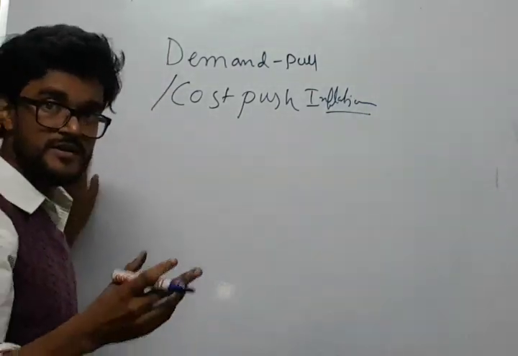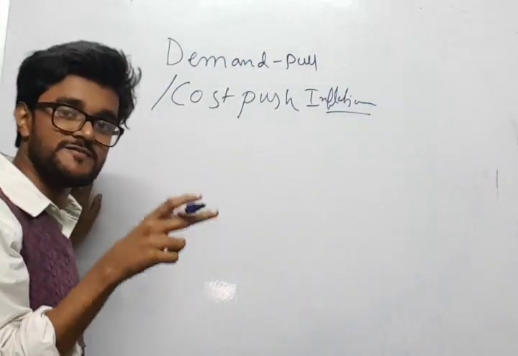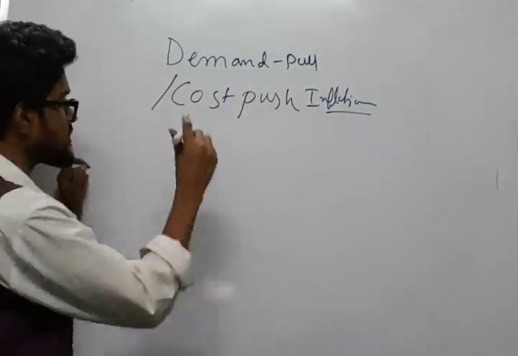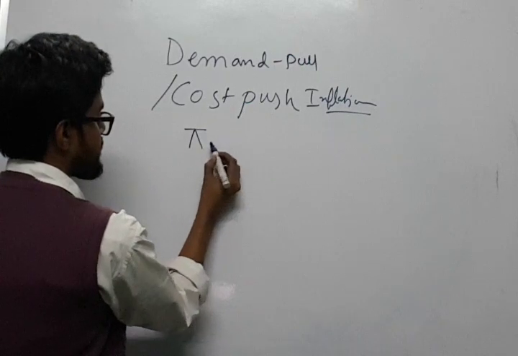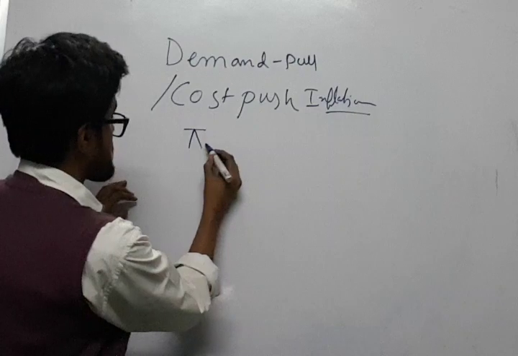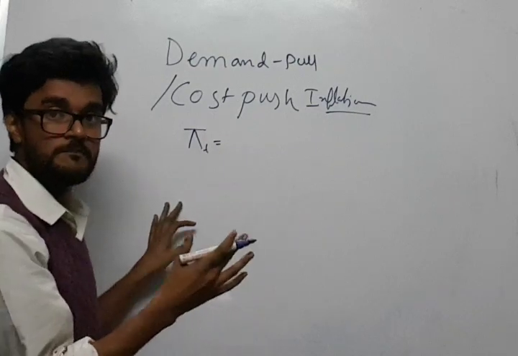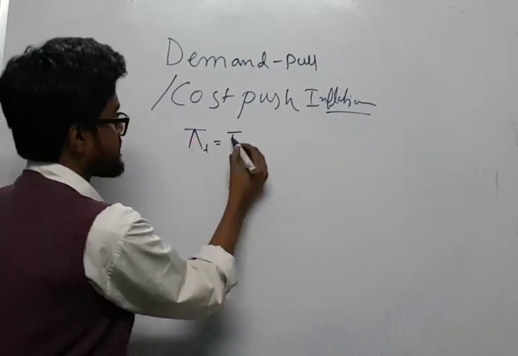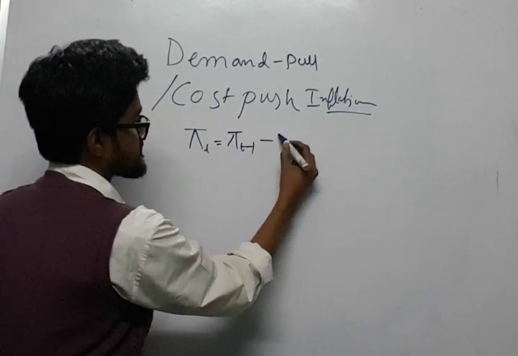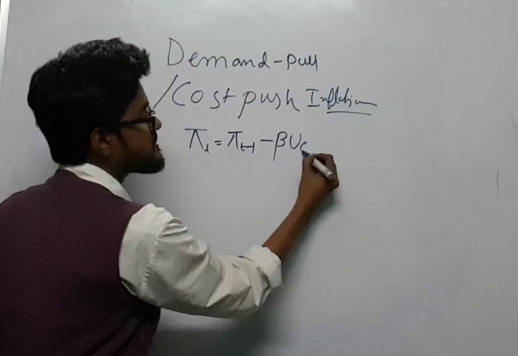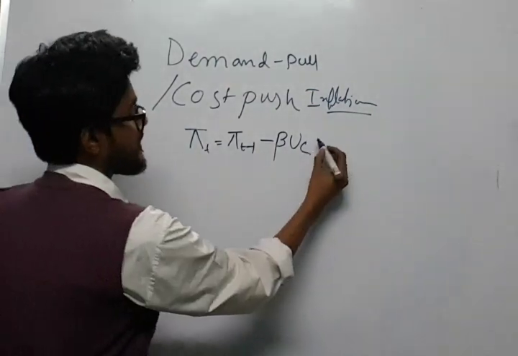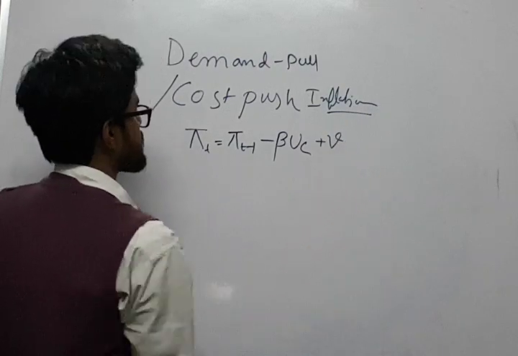So, as you can see in the earlier video, we talked about adaptive expectation. First we'll write down the equation of adaptive expectation: the current year value of inflation depends on the previous year's inflation, that is, it follows inertia, minus a term that depends on UC, which is the cyclical unemployment rate, and also on the supply shock.